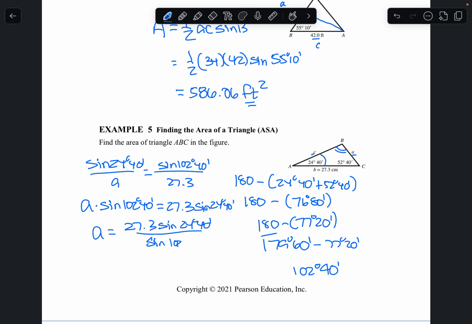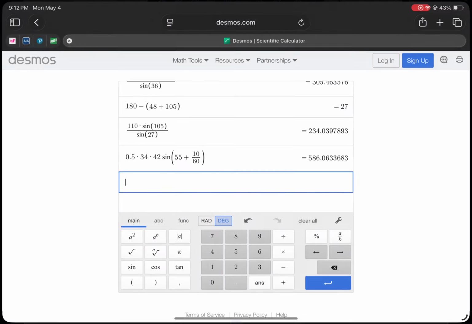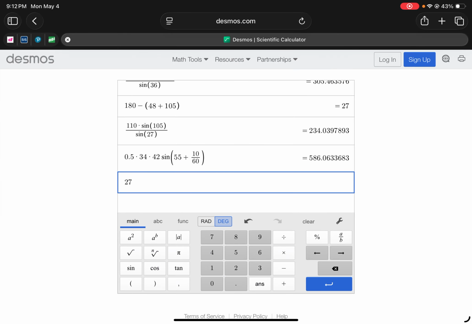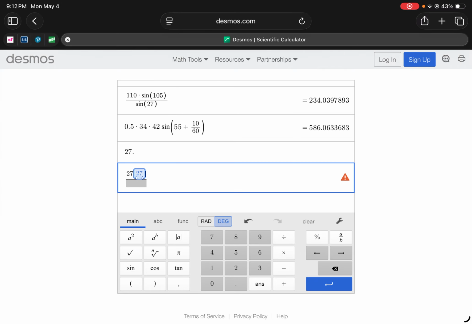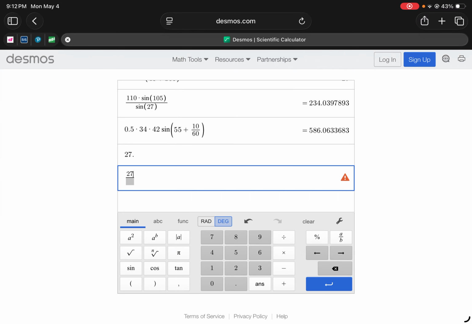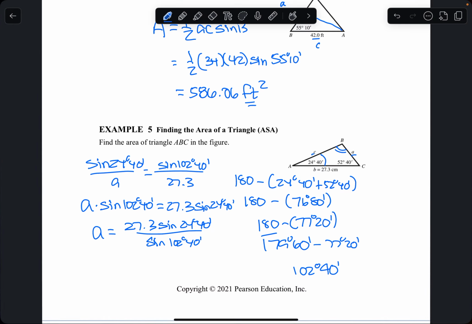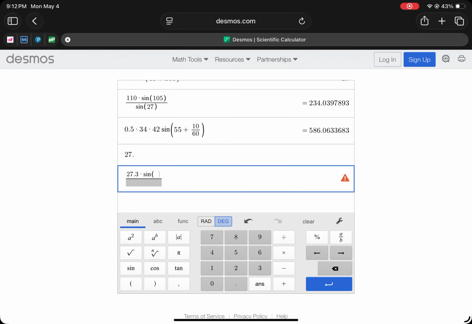So I write this all out here, and I'm going to take this to my calculator. Again, I start with the division, so it makes it a fraction: 27.3 times the sine of 24 degrees, 40 minutes. Again, I'm going to let my calculator do that conversion.